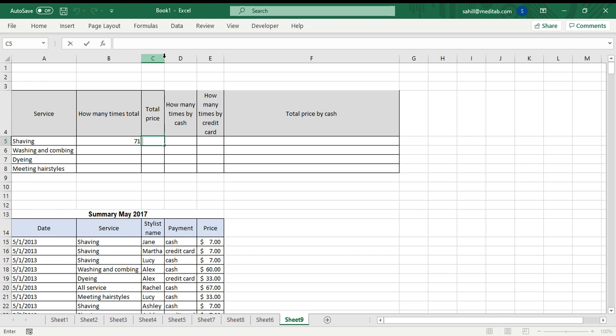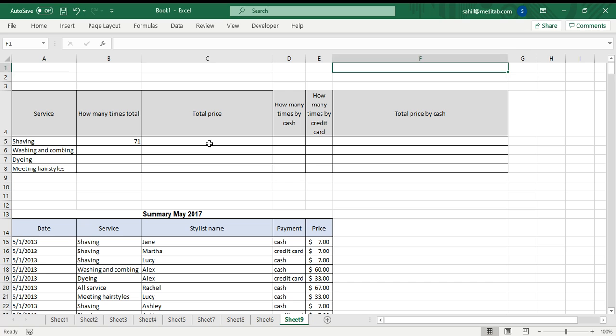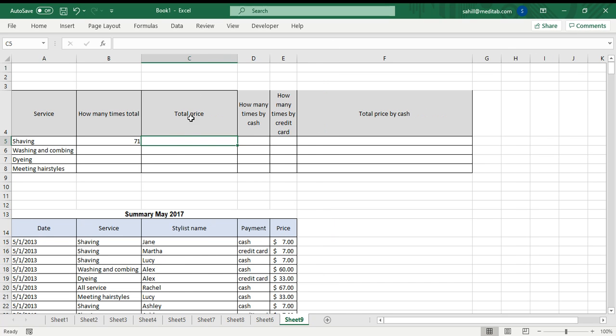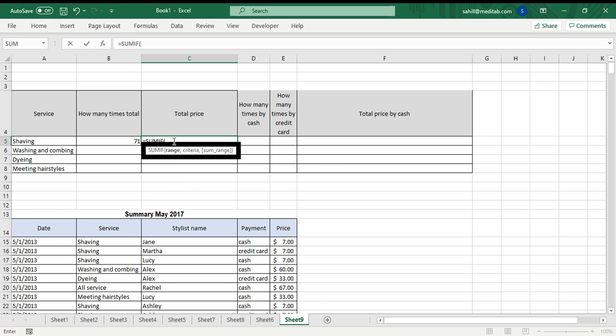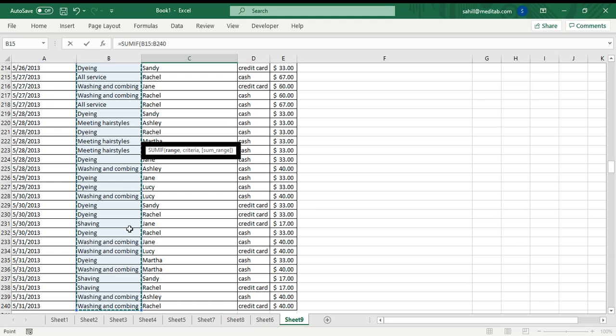Okay, I'm taking this, equal to SUM. How many criteria do we have? Only one, so I'm using SUMIF. What is the range? I'm selecting this service column with the down arrow.